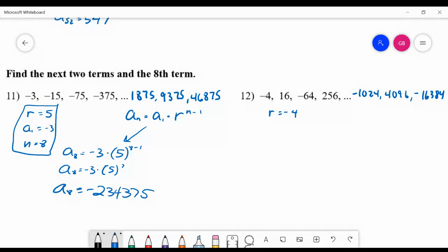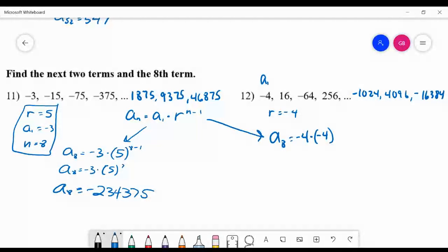And now to find the eighth term, we use the formula again. To find the eighth term, we're going to use the first term, negative 4, times the common ratio, which is also negative 4. So the first term is negative 4, and the common ratio is also negative 4.